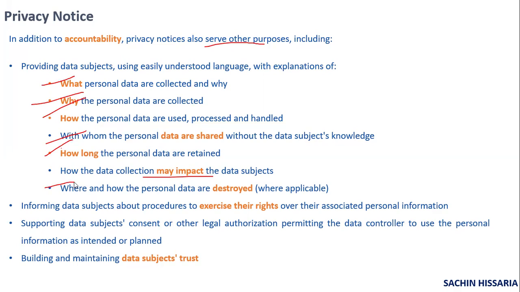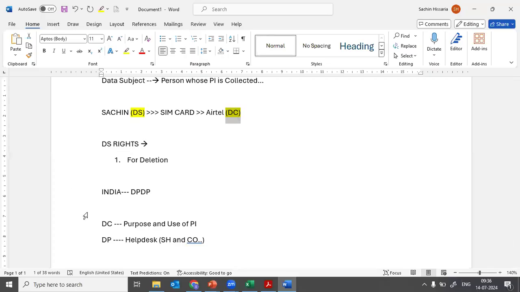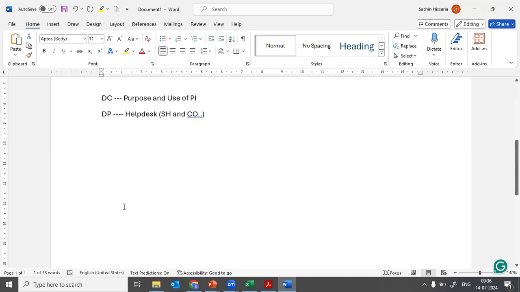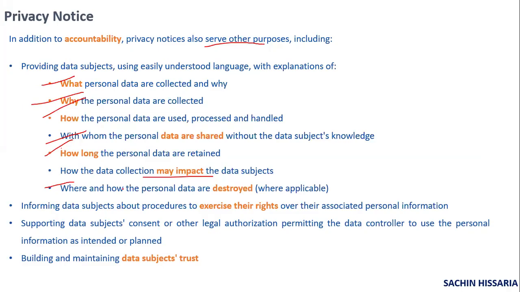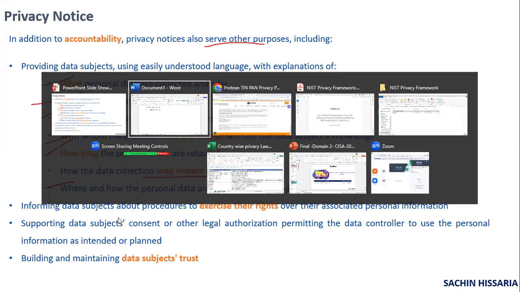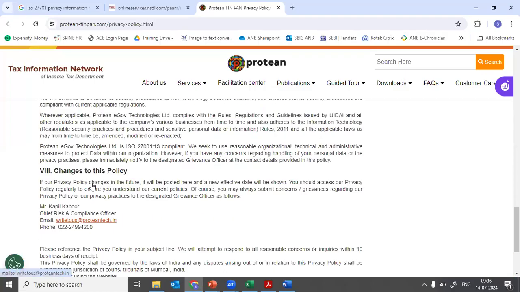Generally a company will write a generic statement that we will retain your data as per the applicable regulatory requirements and the retention policies of the company, after which your data would be destroyed or purged. It also informs the data subject about the procedures to exercise their rights over their personal information. So as part of the privacy notice, we are informing the data subject what their rights are.